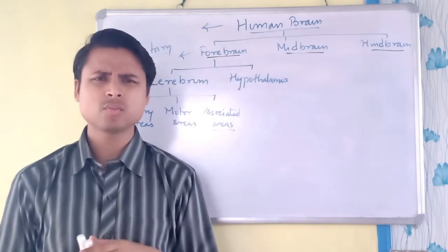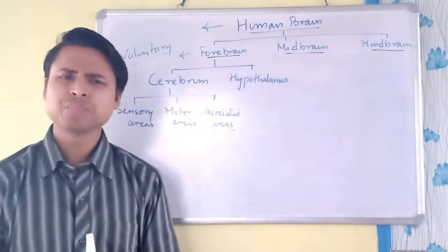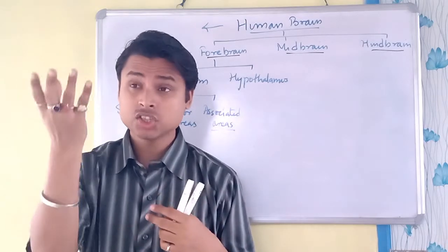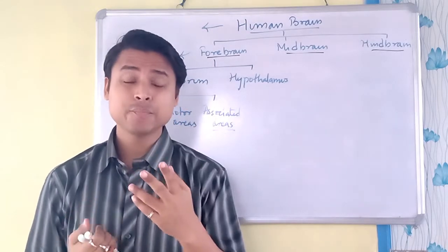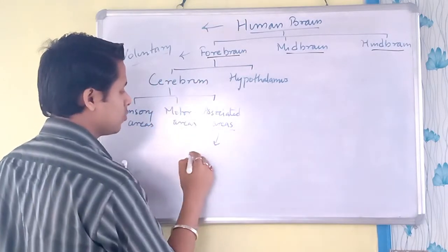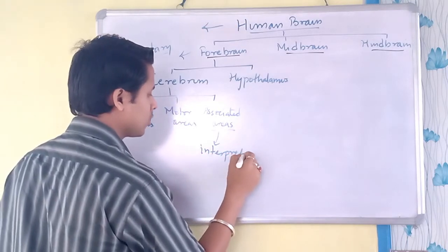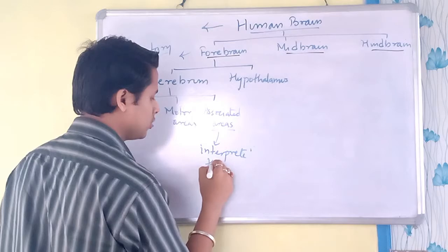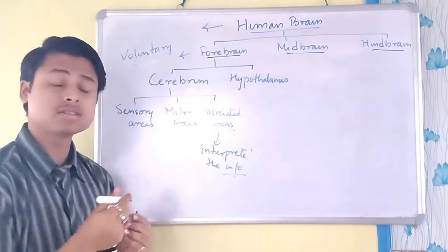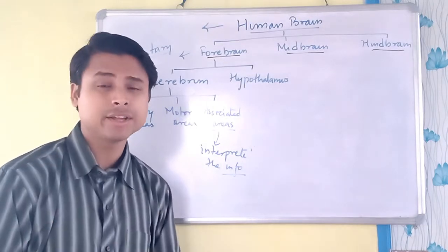Sensory areas take the information, motor areas act on it. So the cerebrum is mainly taking the information like hearing, sight, vision, smelling. And the associated area just interprets the information taken from the sensory areas, right? So whatever information has been taken from the sensory areas, it is interpreting.